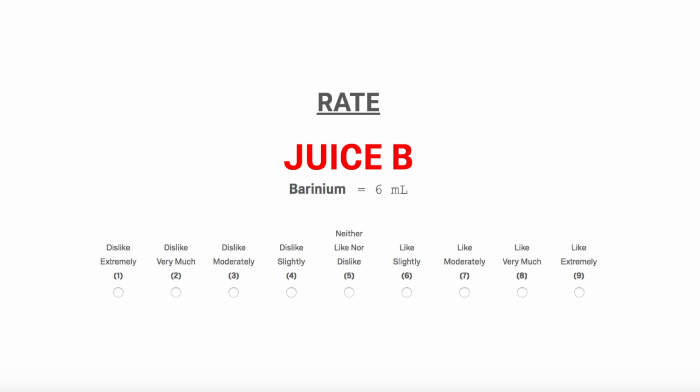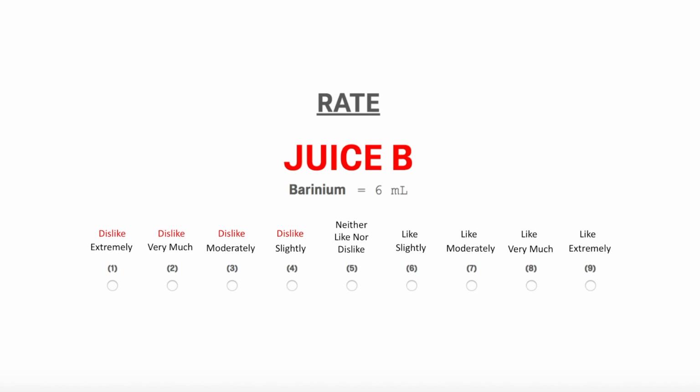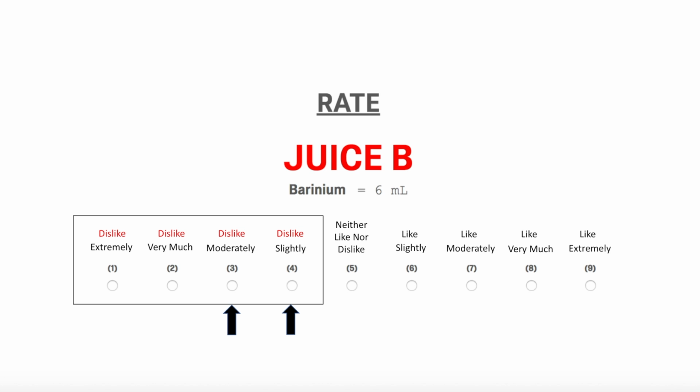rate juice B. You'll make your rating on a scale from 1 to 9 and you'll have another 15 seconds to do this. If you dislike the juice, your rating will fall on the left side of the scale from 1 to 4, and you can indicate how much you dislike the sample by selecting dislike slightly, moderately, very much, or extremely.